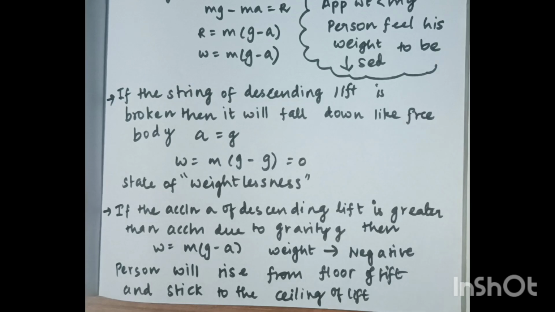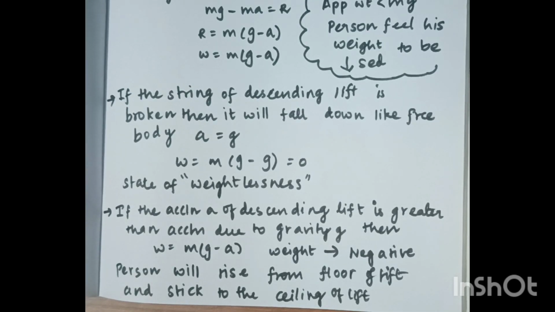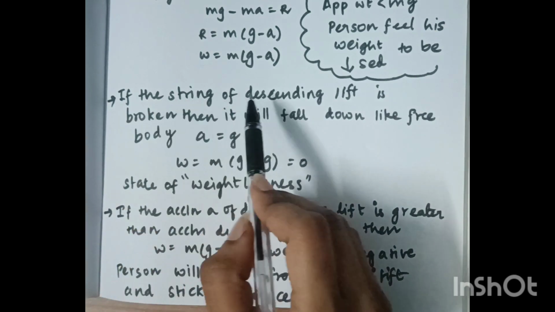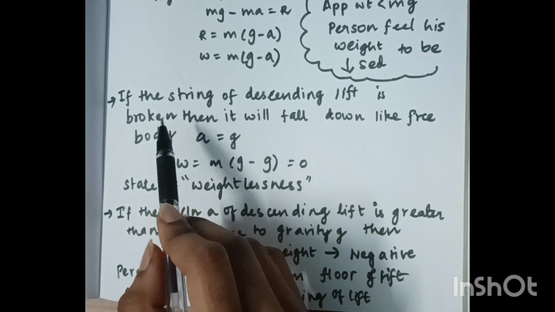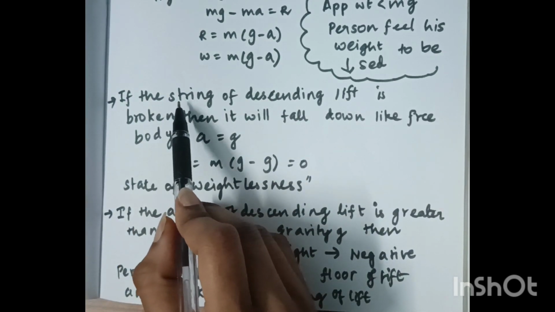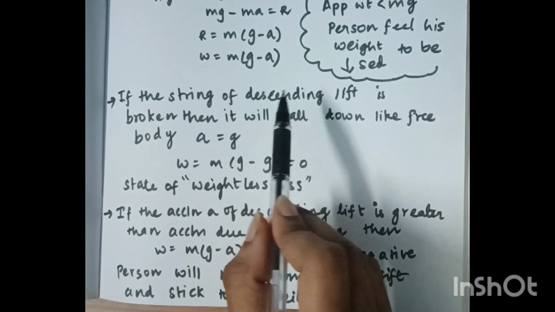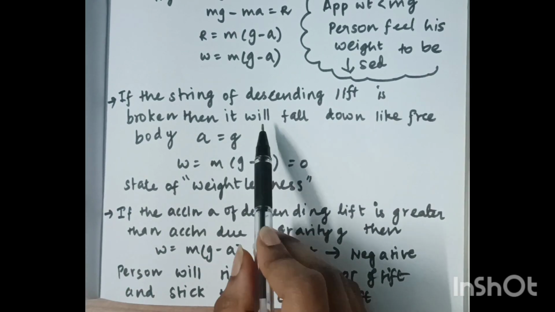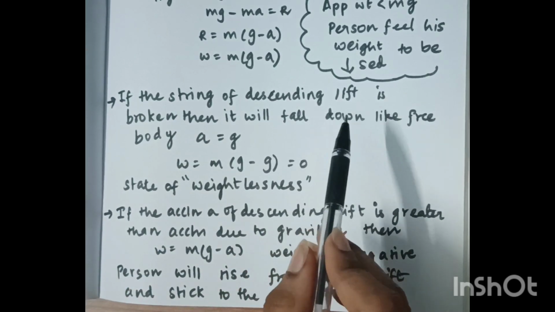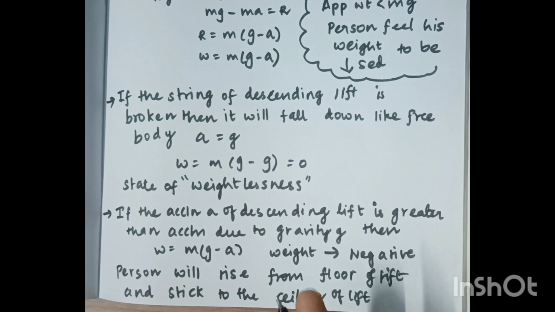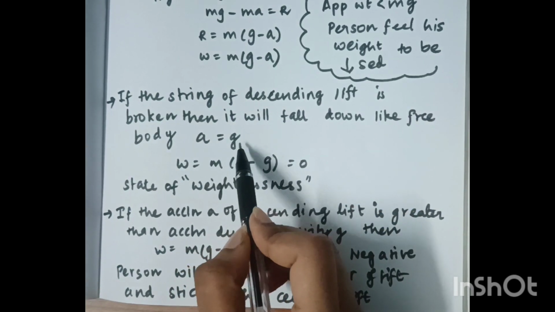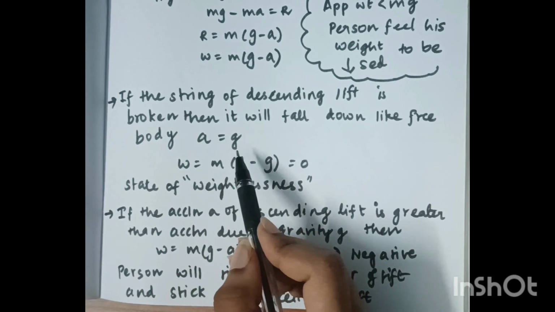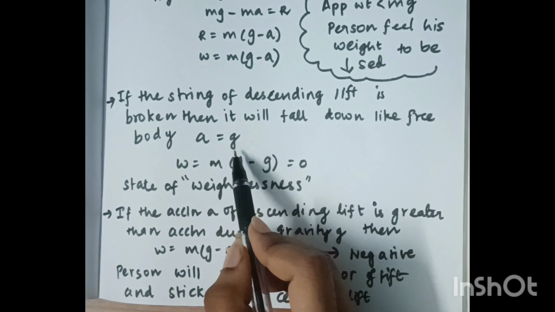Let us see two more special cases of same. The lift is moving down only. So if the lift is descending, that is, it is coming down, in such a case where the string is broken, then it will be like a free fall. It is similar to the case of free fall. In that case, acceleration will be equal to gravity. The acceleration is nothing but acceleration due to gravity.